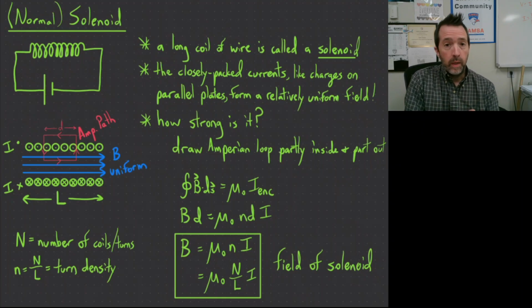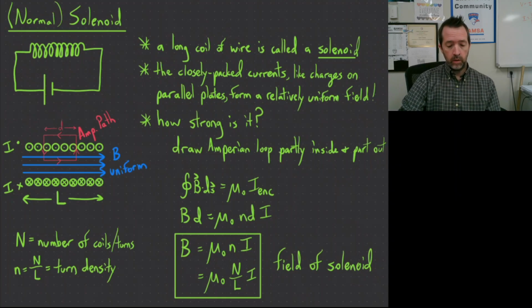You can determine the direction of the magnetic field inside with, of course, a right-hand rule. So if I put my right hand on that top layer of wires with the thumb pointing towards me because the current's coming that way, I can see that below the wire, the magnetic field should go to the right.